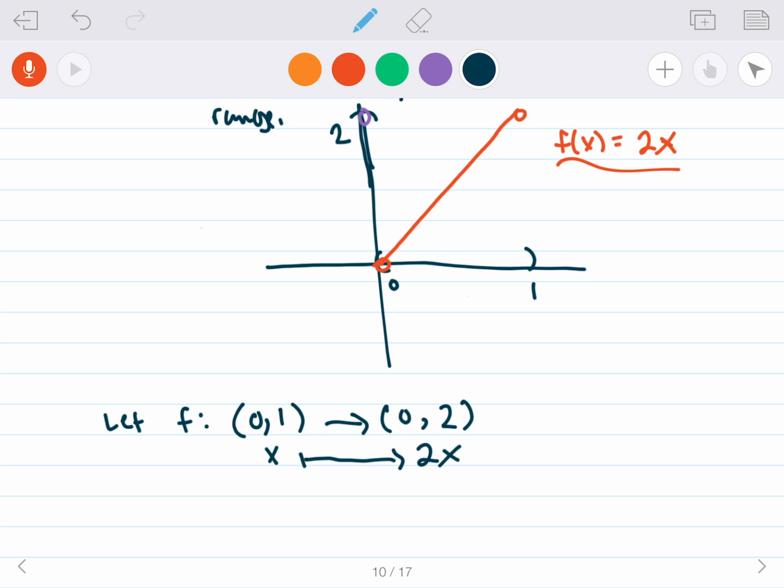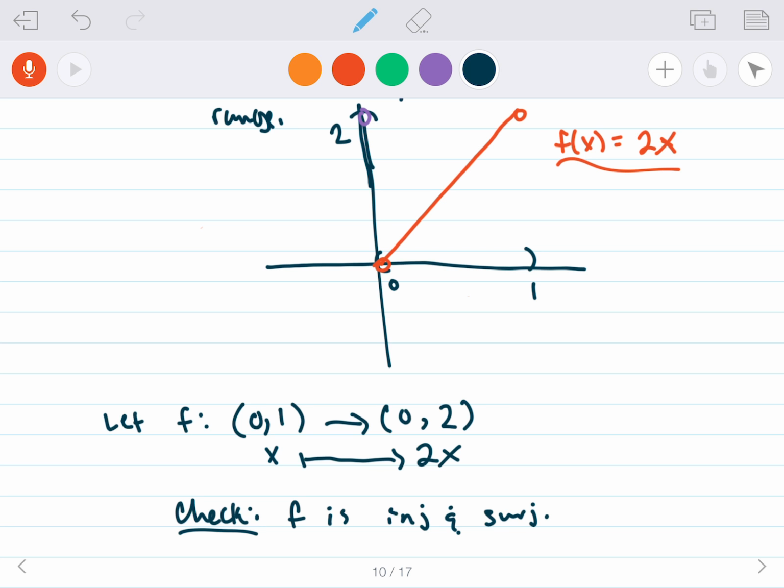So injective and surjective, you can check this. Check that f is injective and surjective. So you know the story here. For injectivity, show that if 2x1 equals 2x2, then x1 equals x2.